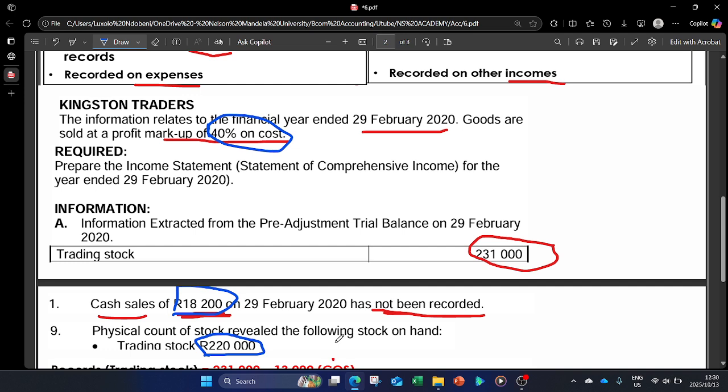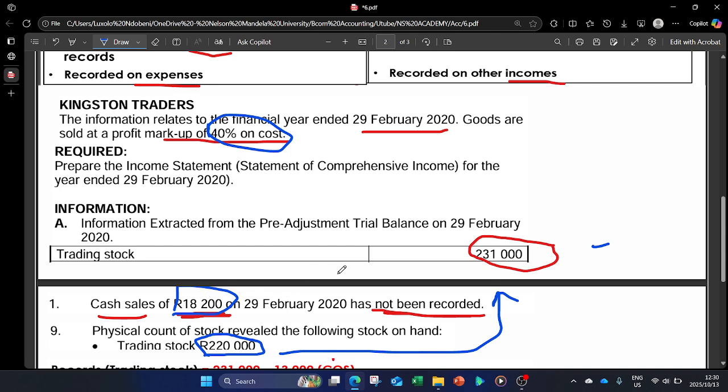The value of it is 220,000. You can see that it is less than the trading stock, but remember, before you compare it with the records, you must also deduct the cost of the 18,200 in that record. So we're not gonna deduct the 18,200 straight, but the cost of that.